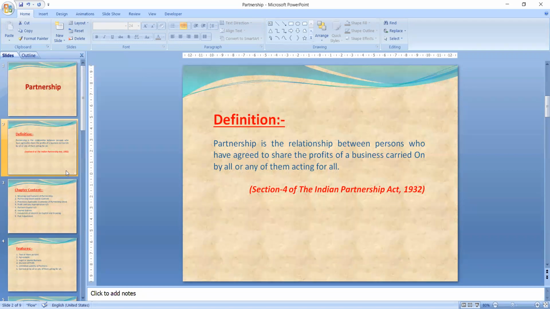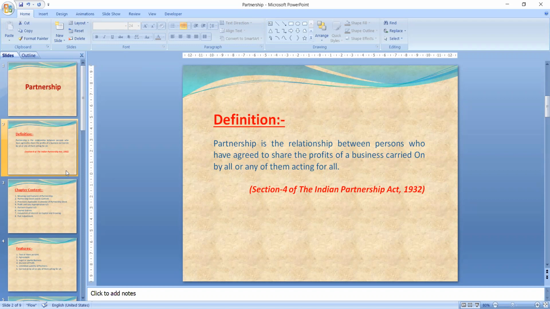So company and partnership are different, as in partnership at least two persons are required, and a maximum of 50 can be involved in business. But in a company, there should be a registration first, and then you decide how much capital you want to keep in your business, and then the sale of those shares is made by the company to people, and people who purchase those shares become owners of the company.